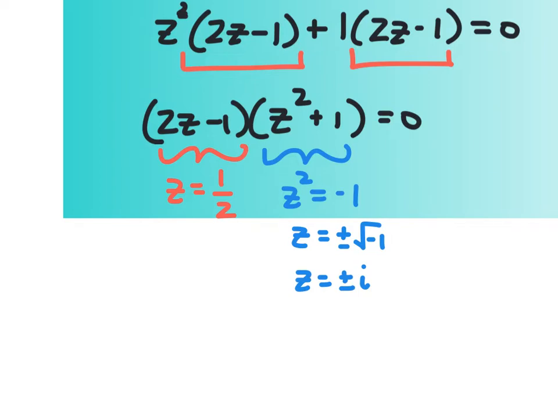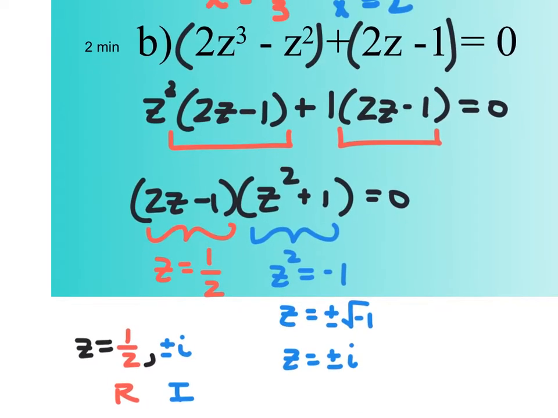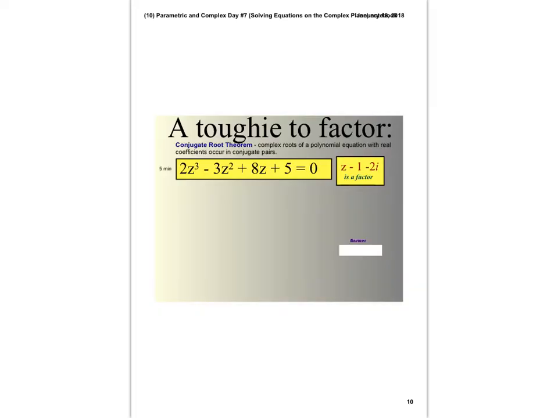Therefore, we've got 3 solutions. z equals 1/2, there's our real solution, and z equals plus or minus i. There are 2 imaginary solutions. There you have it. We found the 3 solutions to this cubic: 1 real solution and 2 imaginaries. Let's keep moving.